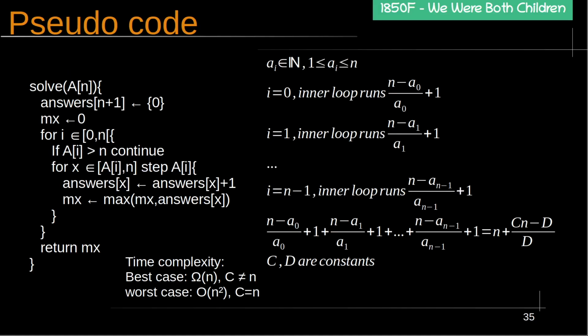This is the pseudocode. We have here the array that contains the hops of each frog.